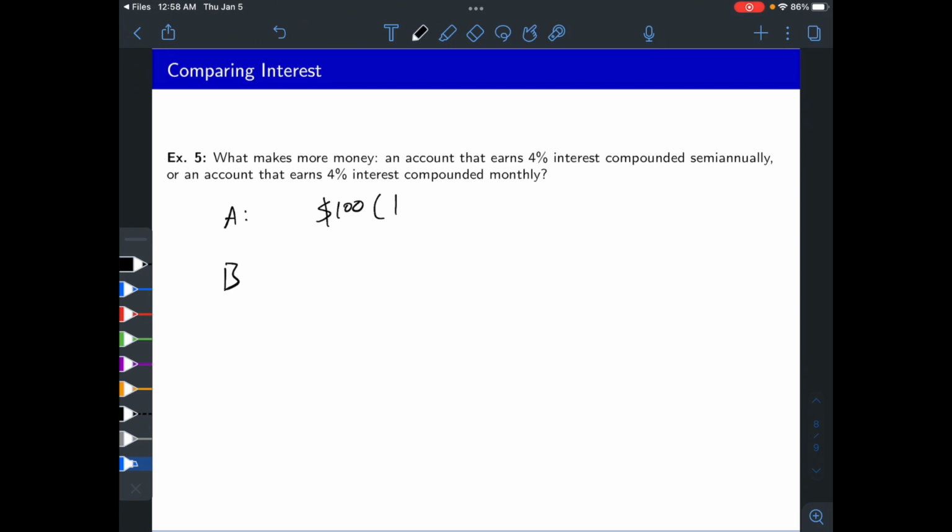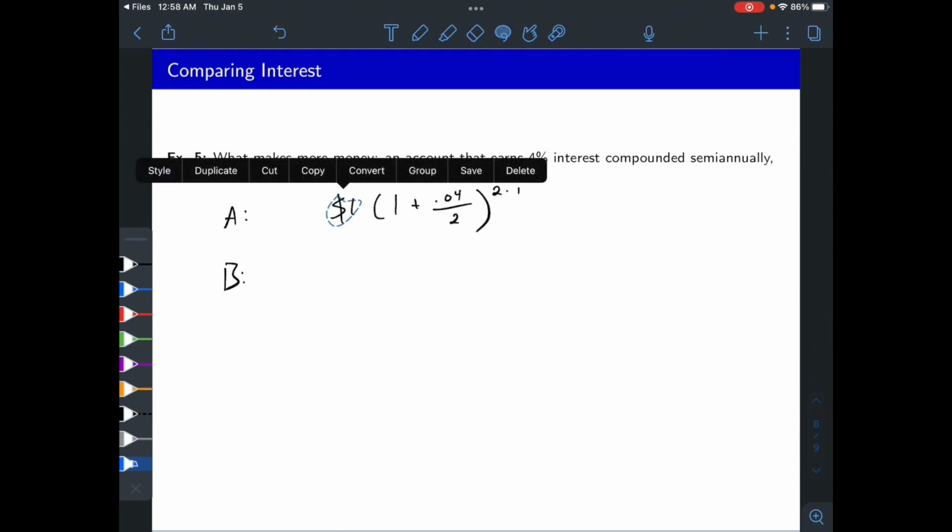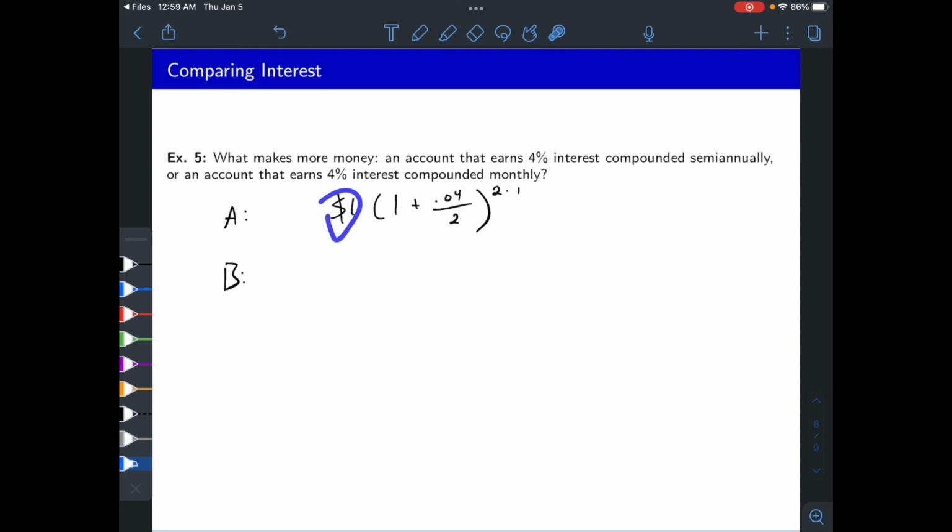We'll call them case A and case B. So we do 100 times 1 plus 0.04, and then we're compounding semi-annually, so divided by 2, and then to the 2 times however many years. So let's just say we do this for 1 year. Okay. And actually, just to make the computation a little bit easier, let's make this a $1 deposit. So this times 1 in the front isn't going to affect our calculations at all.